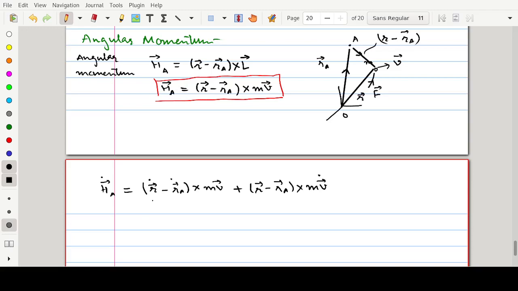Now this is basically the velocity of the particle. This is the velocity of the point A, and this is the acceleration of the particle. So we get the time derivative of angular momentum of a particle is equal to v minus va cross mv plus r minus ra cross ma.